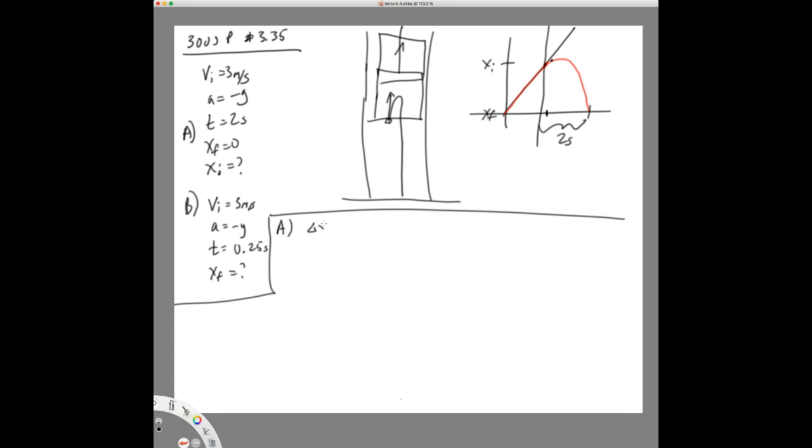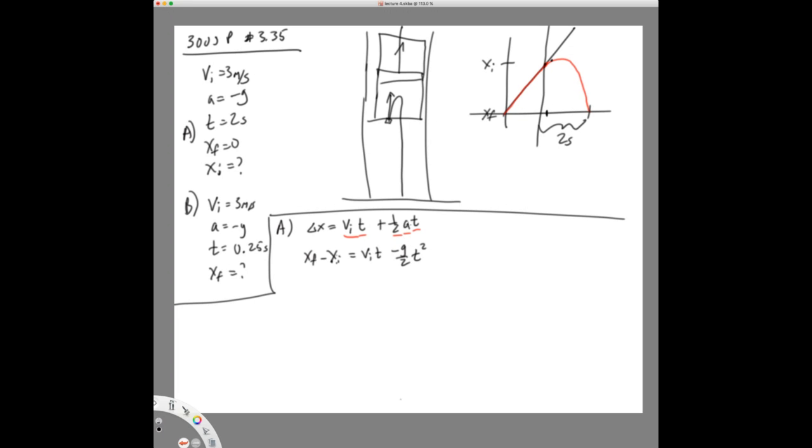So we have delta x equals v initial t plus 1/2 a t squared. And we check, do we know v initial? Yes. Do we know t? Yes. Do we know a? Yes. So we know all of that stuff. x final minus x initial equals v initial t plus, let's get a little fancy here, minus g over 2 t squared.